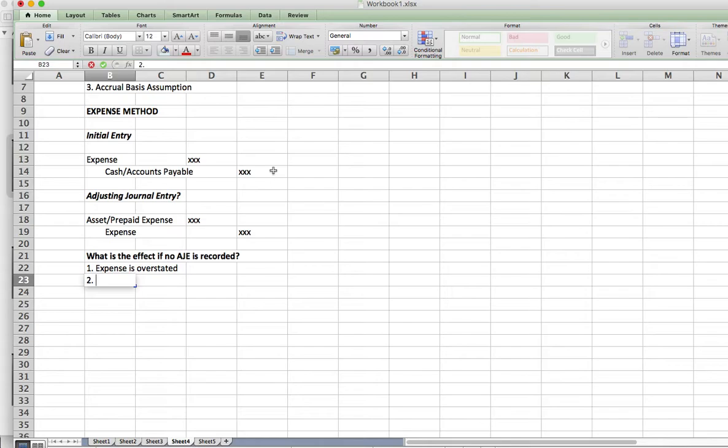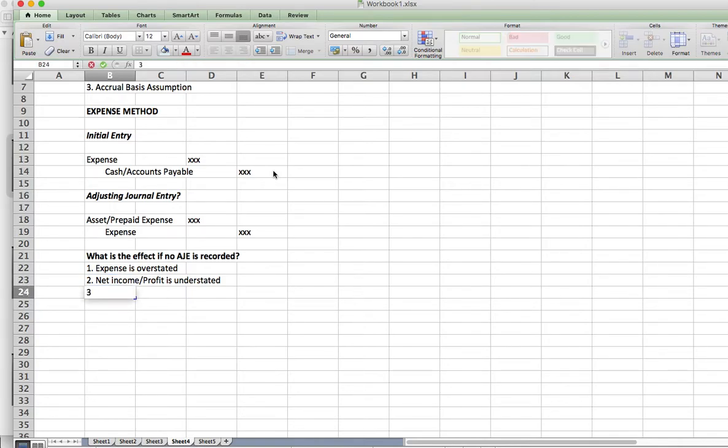Number 2, since the expense is overstated, the net income or profit is understated. Kasi, una muna, expense is overstated because nilagay mo lahat sa expense. Pero hindi naman pala lahat expense, may natira. Ibig sabihin, sobra yung expense na ni-record mo. Pag sobra yung expense na ni-record mo, kulang ang net income mo. Malaki yung expense mo eh. Bumaba ang net income mo.